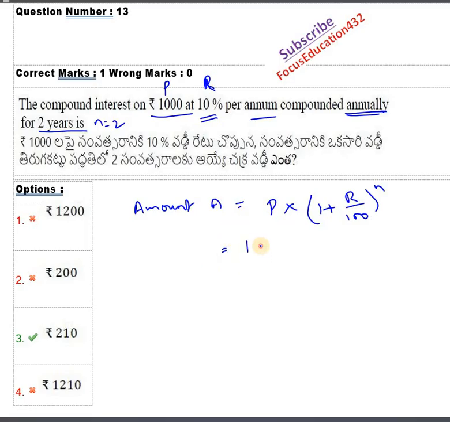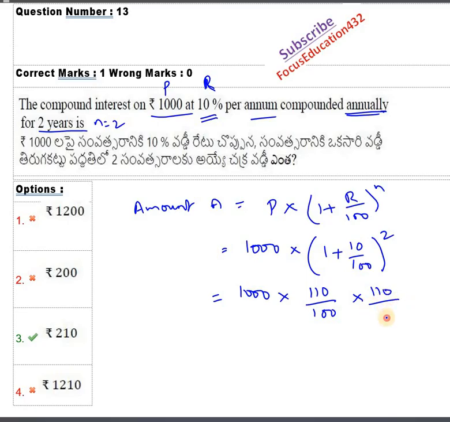The principal is 1000 initially, multiplied by 1 plus rate of interest 10 divided by 100, and 2 years, N is equal to 2. That is 1000 multiplied by 110 by 100, because whole square, 2 times: 110 by 100 multiplied by 110 by 100.